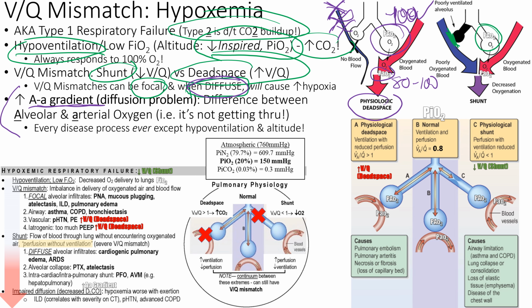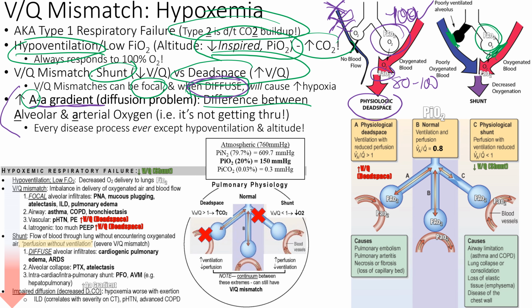There's mucus in the way. There's something going on. Okay, so that's the difference between these things, right? And the AA gradient is a fancy formula that we'll just touch on, but you can measure that and it can tell you if they have an actual pneumonia or if they just have hypoventilation, right? Because with hypoventilation, there shouldn't be a difference between these two areas, right? If they're just breathing low or not breathing much at all.